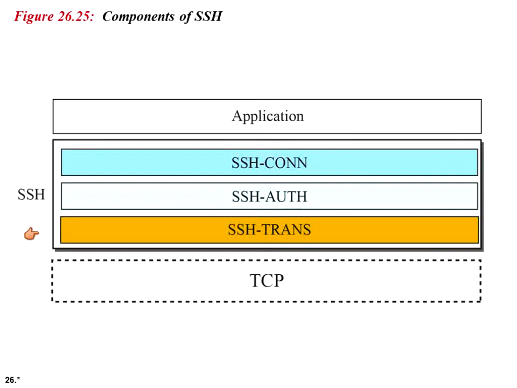Next we have the SSH authorization protocol, or we can say SSH authentication protocol. Now once the secure channel is established between the client and the server and the server is authenticated for the client, SSH will call another procedure that can authenticate the client for the server.